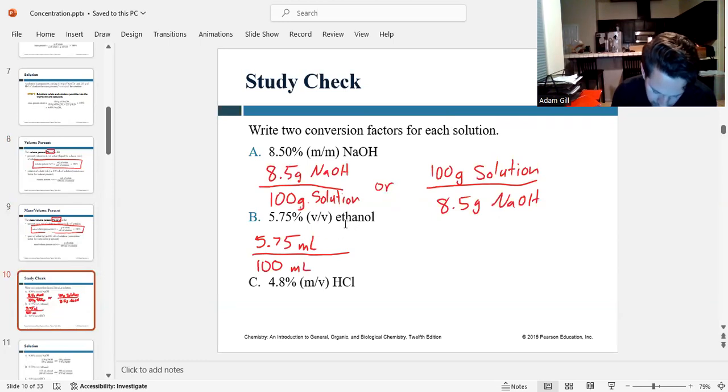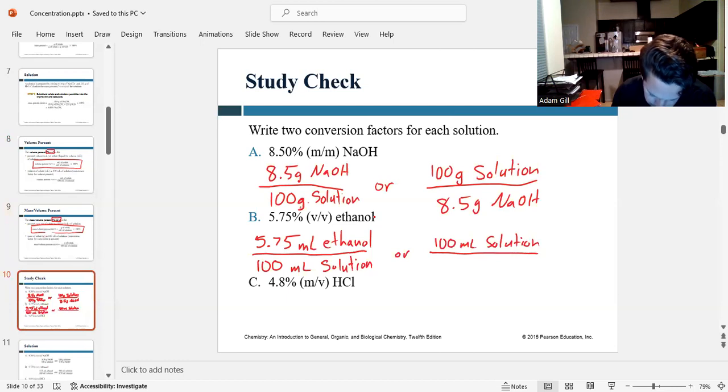And we are talking about ethanol. And so that's our solute. And on the bottom, you're going to have solution. And you could express that the other way around. You could say that there's 100 milliliters of solution for every 5.75 milliliters of ethanol.